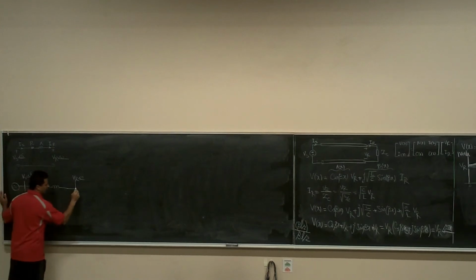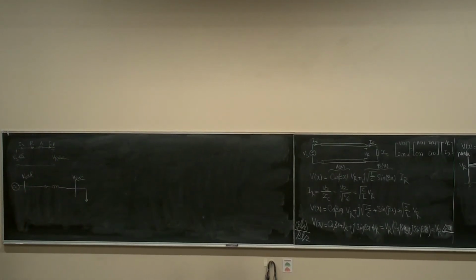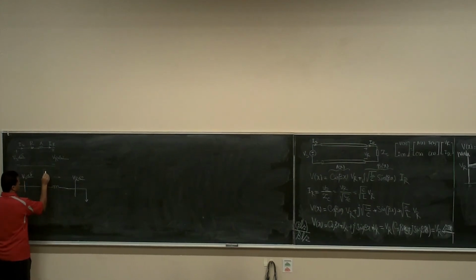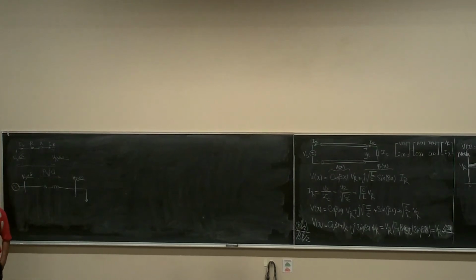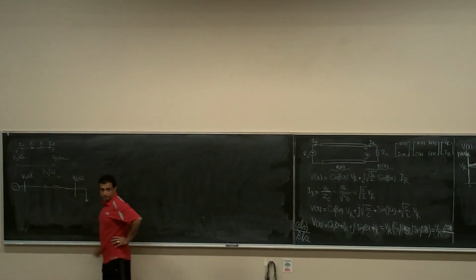And usually here, there is a load. It could be the other way. I just put it this way. Now, I want to come up with a P plus jQ here. I want to calculate this. Let's start to calculate the P plus jQ here.